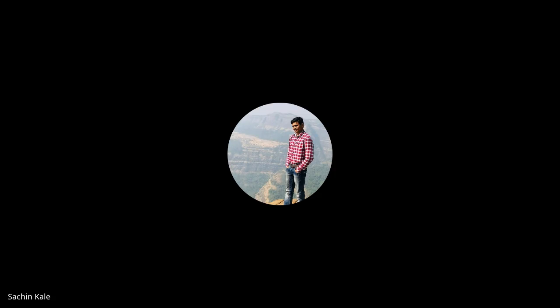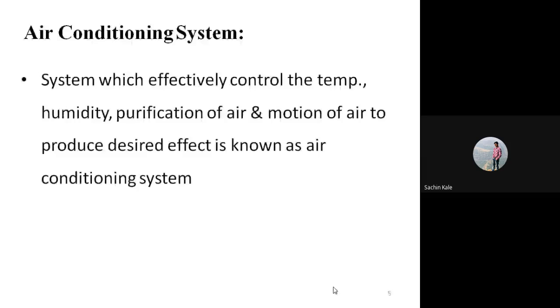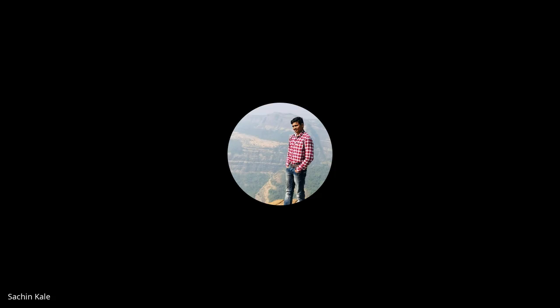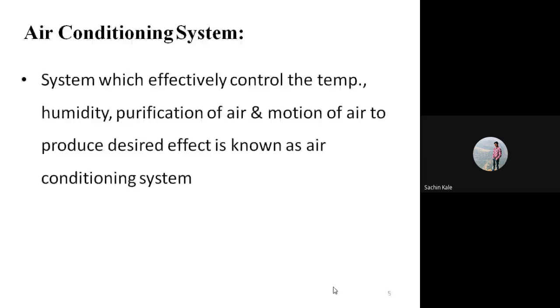An air conditioning system means a system which effectively controls or maintains desirable internal atmospheric condition irrespective of external condition. So a system which effectively controls temperature, humidity, purification of air, and motion of air to produce the desirable internal atmospheric condition is known as an air conditioning system.